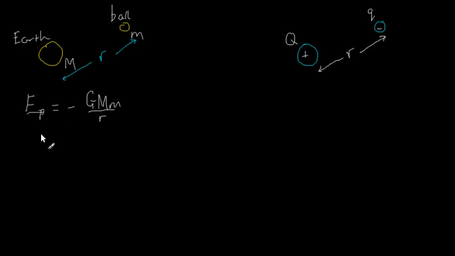But gravitational potential is given by this formula, if I use the symbol phi. Before it gets too confusing, let me remind ourselves that this is potential energy and this is potential.